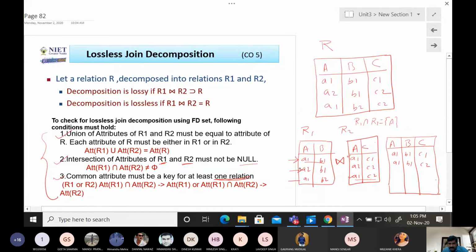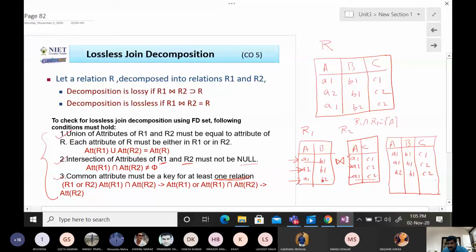Now this tuple is associated with only this tuple. Why? Because R1.A equals R2.A. We associate this tuple with this tuple, then we will get A2, B1, C2.